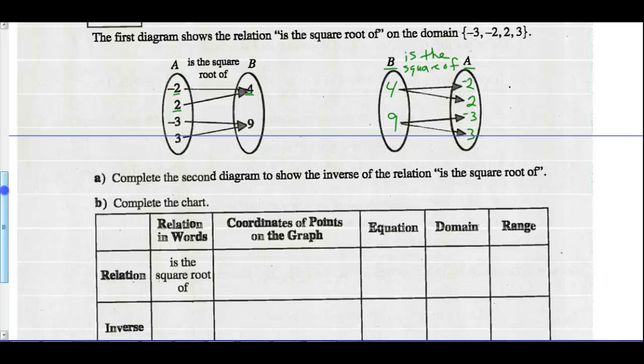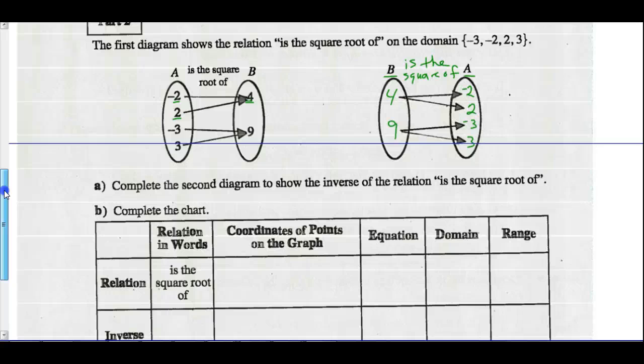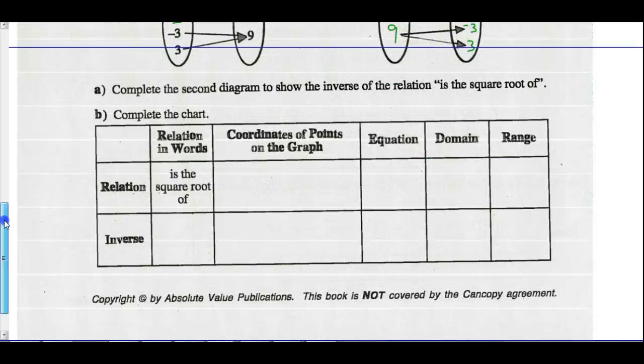So let's complete the chart. For the original function, the relation in words is the square root of. The coordinates of the points on the graph would be -2 and 4, +2 and 4, -3 and 9, +3 and 9.